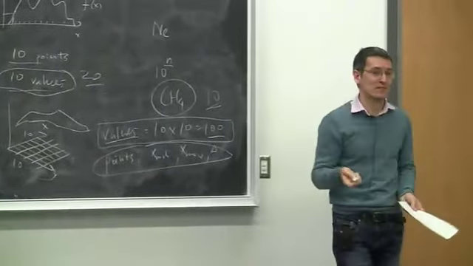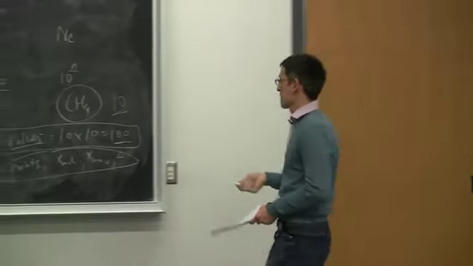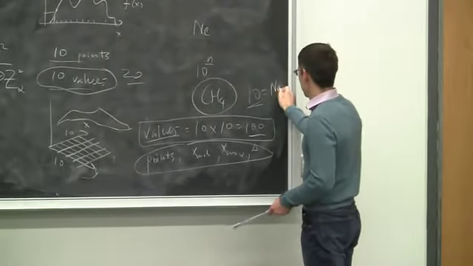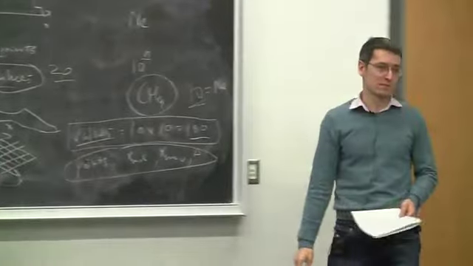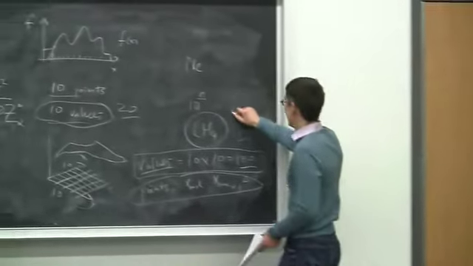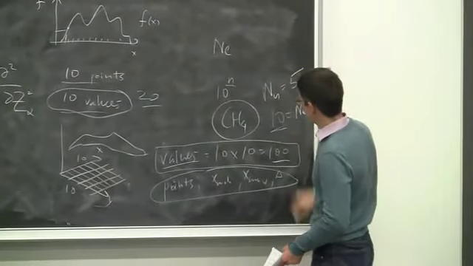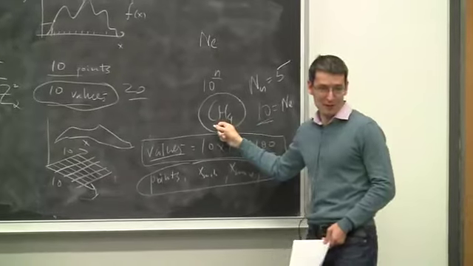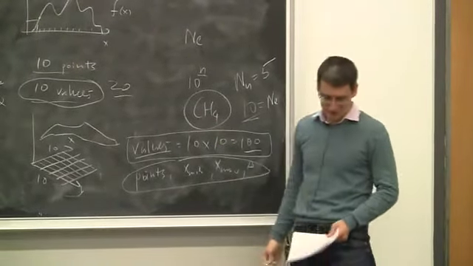And how many nuclei do we have in methane? Does everyone agree? Good. For a moment I started worrying. Right, so 5, because it's 1 carbon and 4 hydrogen. So that's what this formula is telling us.